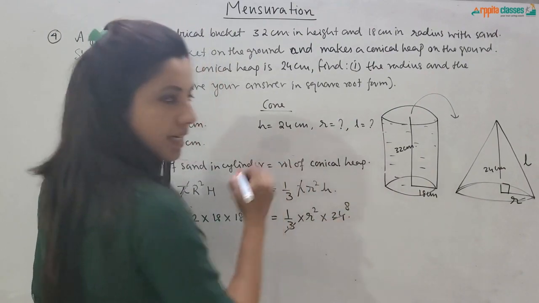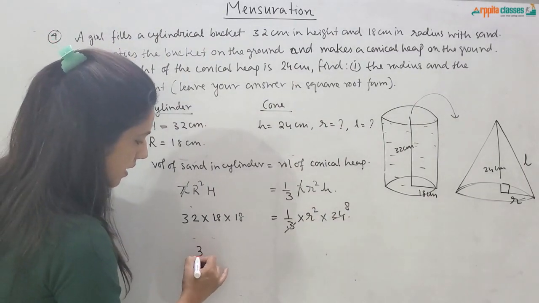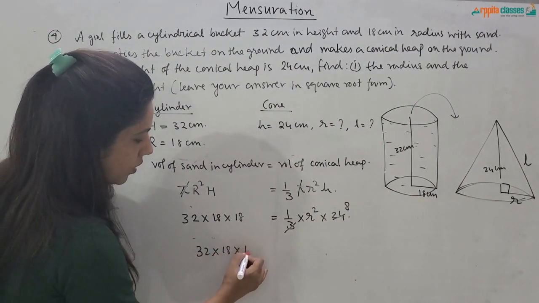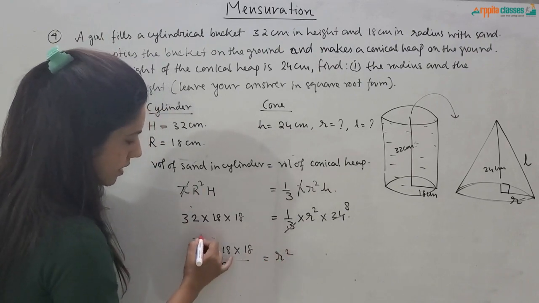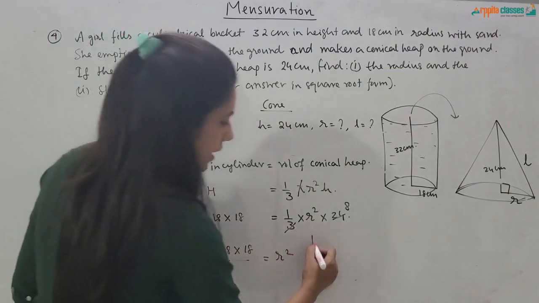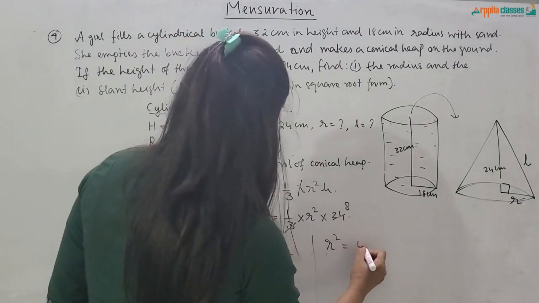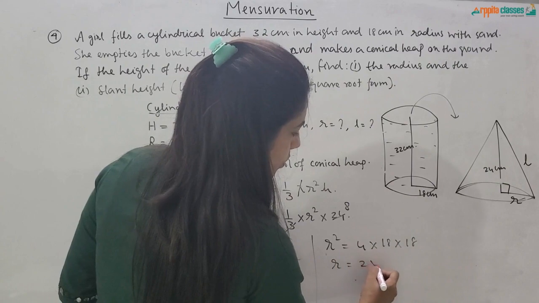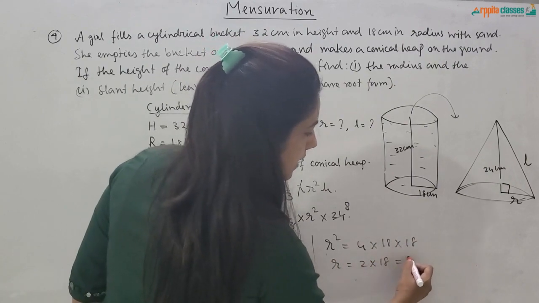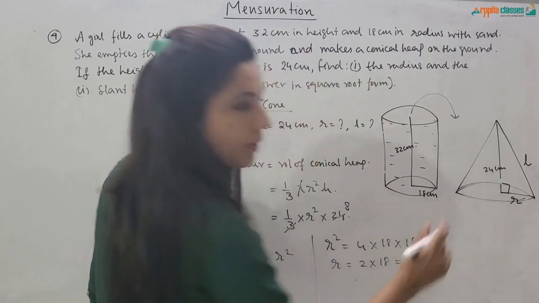Here the 8 will get cancelled. Get this 8 this side. 32 into 18 into 18 upon 8 is equal to r square. So we are getting r square is equal to 4 into 18 into 18. So r would be equal to 2 into 18, that is 36 centimeter.